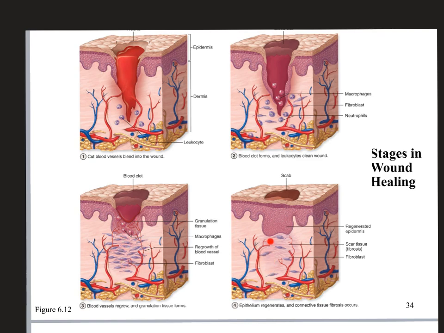They fill in the gap up to a certain point, and then the epidermis regenerates underneath it, and then you have a scab on the outside and this new epidermis underneath, and then that scab falls off and you have that kind of pinkish new skin underneath where the wound was, right? And there's some connective tissue fibrosis that could occur. So fibrosis would be formation of a scar throughout there.